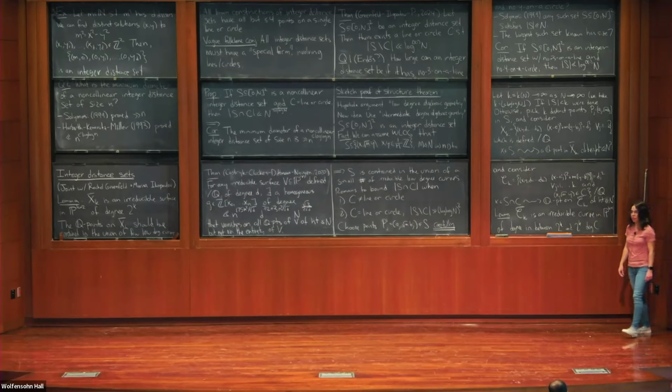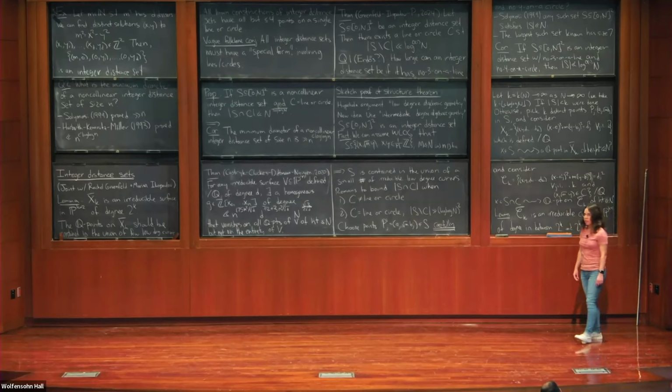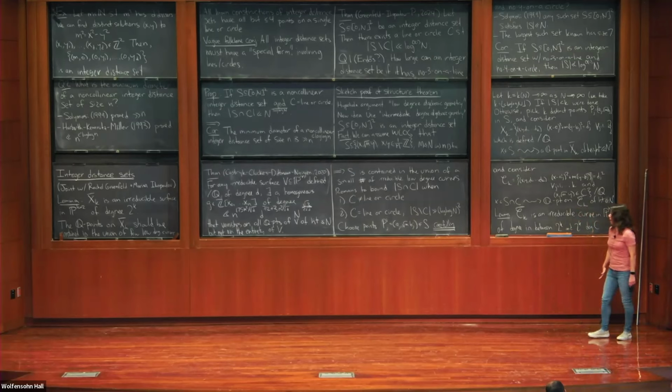Are there results on high dimensional integer distance sets? There are very few. All of the examples of sets known come from sets in the plane, and they're lifted somehow.